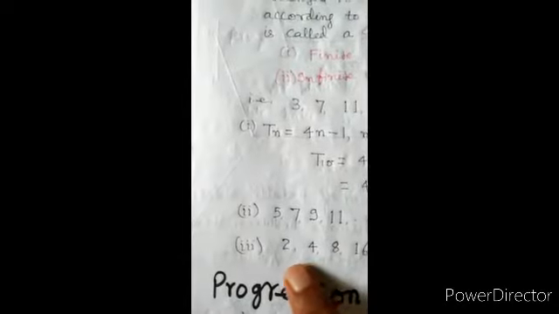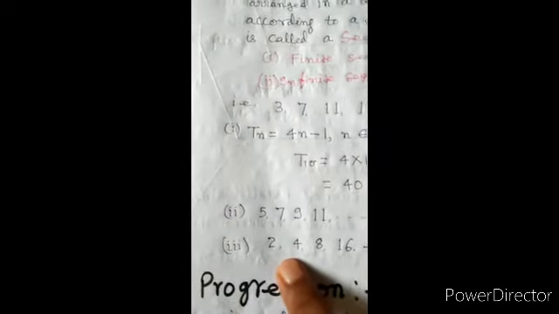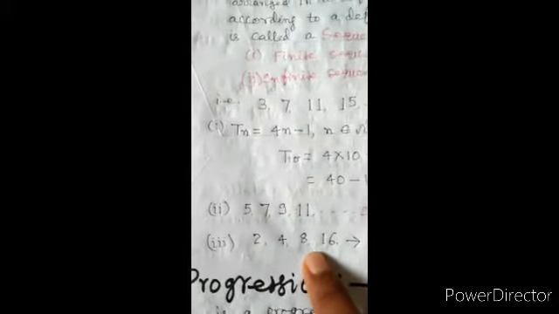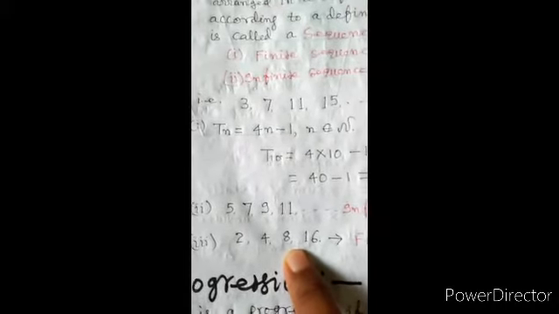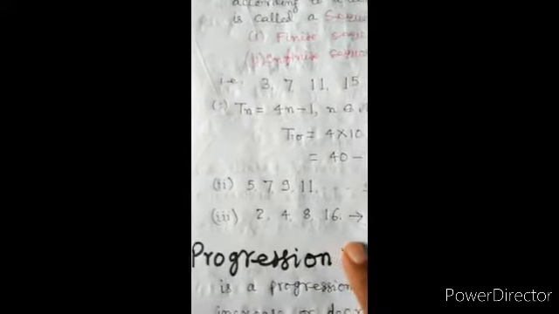Here each term is multiplied by 2. 2 into 2, that is 4. 4 into 2, that is 8. 8 into 2, that is 16. In this way, here is a rule. These numbers follow a rule, and it shows a pattern.